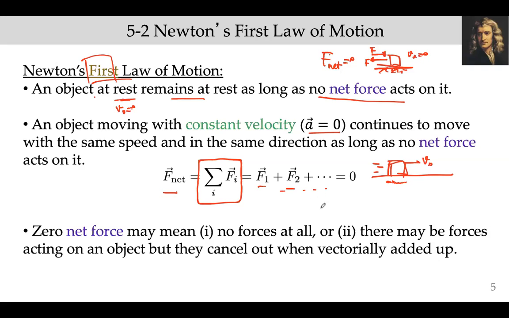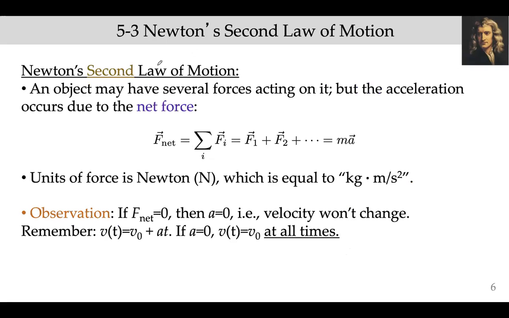If you add them up and get zero, that means F net is zero, so in that case, Newton's first law will be valid. So zero net force may mean no forces at all. That's one possibility. The second possibility is there may be forces acting on an object, but they cancel out when vectorially added up. We talked about these two possibilities.